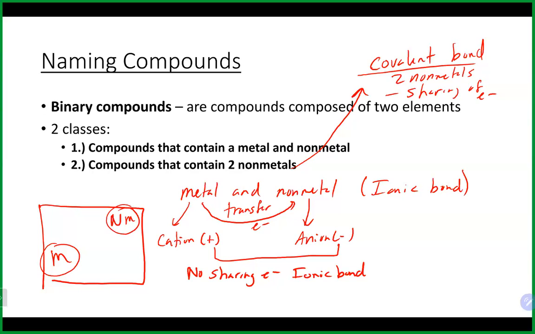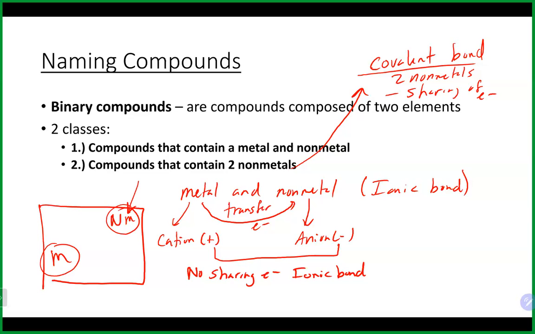When two nonmetals get together, they are both hanging out in the exact same location or pretty close location on the periodic table, which means they both really want to hold on to their electrons and gain electrons. So what happens when two nonmetals get together is the best that they could agree upon is we'll share electrons. There's some aspect of sharing that will happen because neither one of them will give away their electrons very easily like a metal will do.